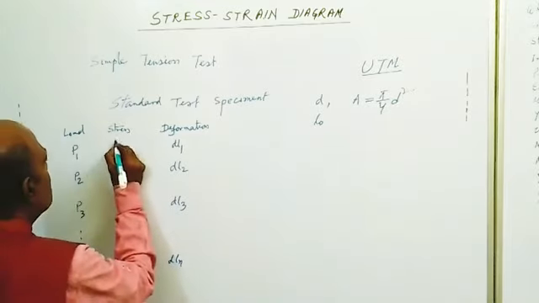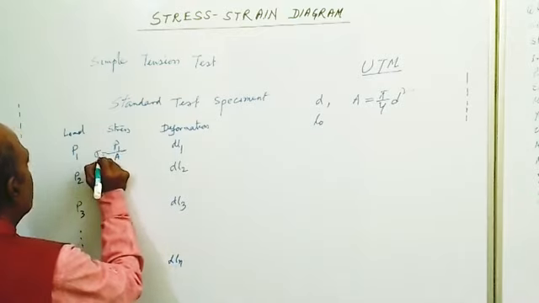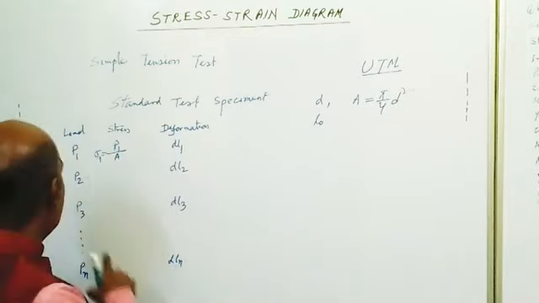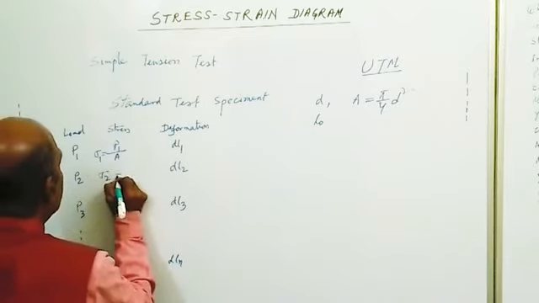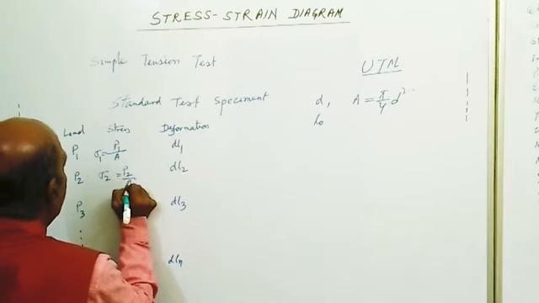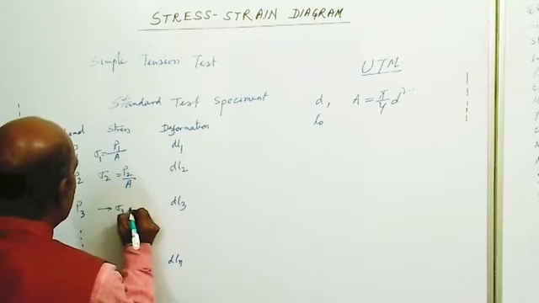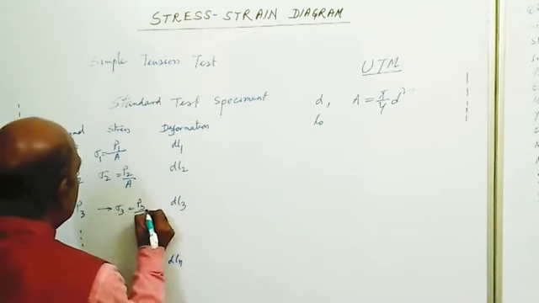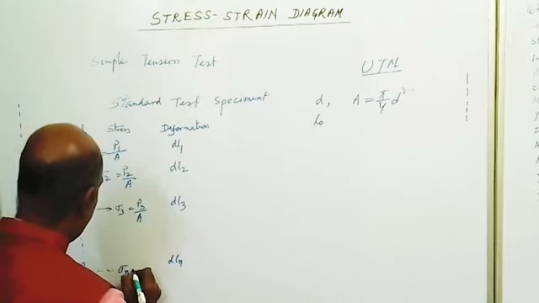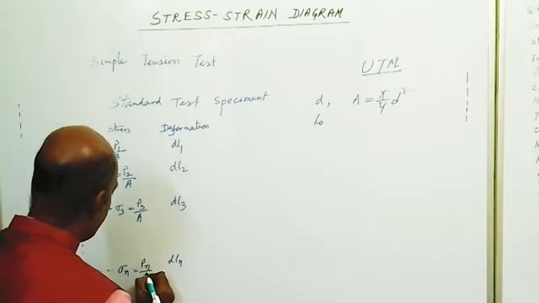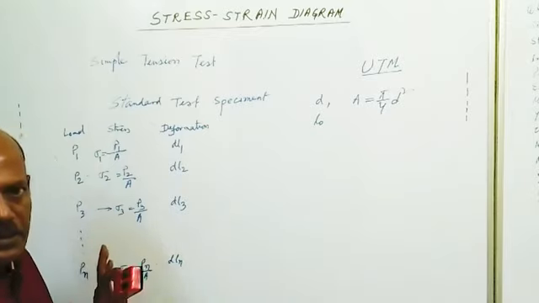Stress sigma 1 is equal to P1 by A. Similarly at loading point P2, sigma 2 is equal to P2 by A, and at loading point P3, sigma 3 is equal to P3 by A, and at last sigma n is equal to Pn by A. So at various loading points we have calculated the stress developed.